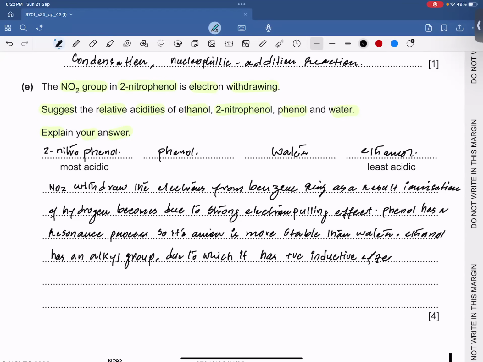As a result, ionization of hydrogen is not easier.